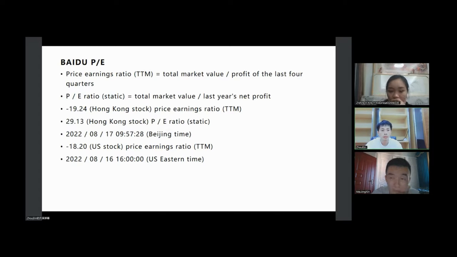August 17th, 2022, 9:47 and 28 seconds Beijing time, negative 18.2 US stock price earnings ratio. August 16, 2022, 16:00 US Eastern Time.